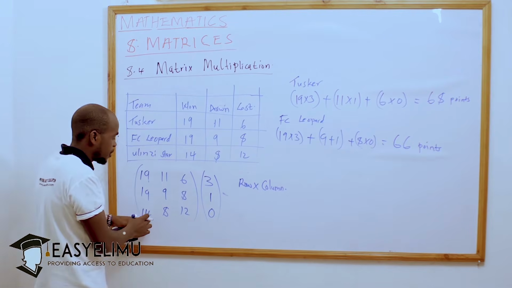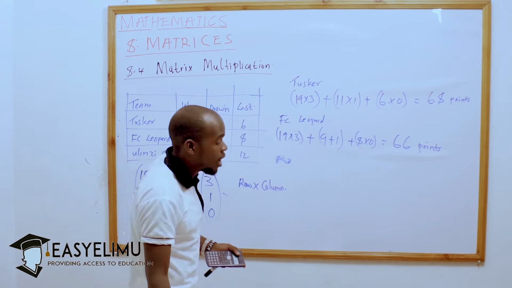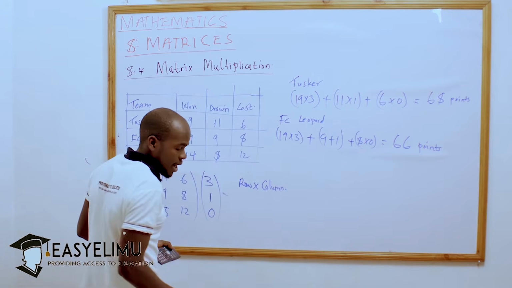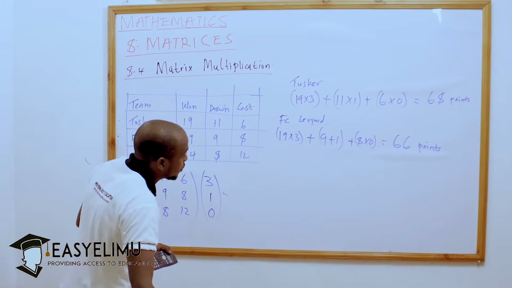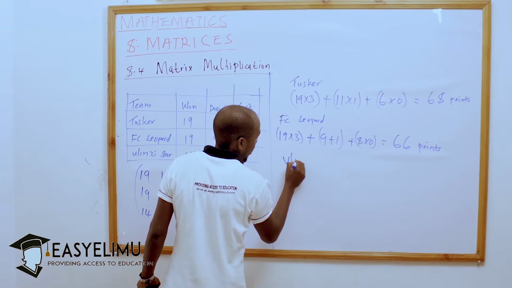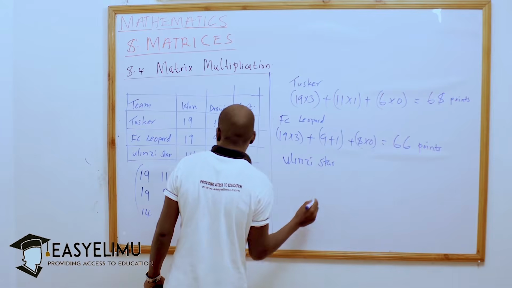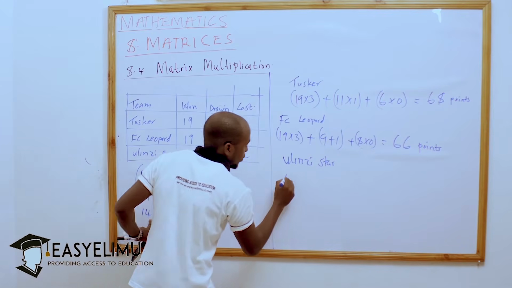So the next is 14 by 3. We are now finding the points for Ulinzi Stars. And if it is for Ulinzi Stars, we shall now have 14 by 3.